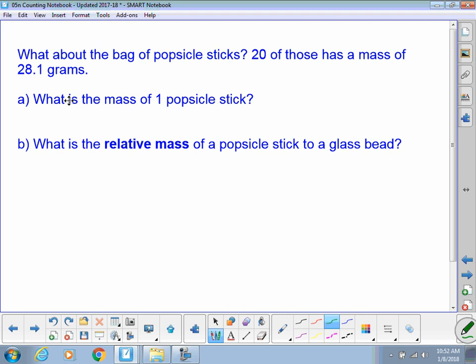Let's do something similar. I've got a bag of popsicle sticks, and I took 20 of those out and got a mass of 28.1 grams for those popsicle sticks. Well, if I take that and do the same kind of process as before, 28.1 grams for 20 popsicle sticks.